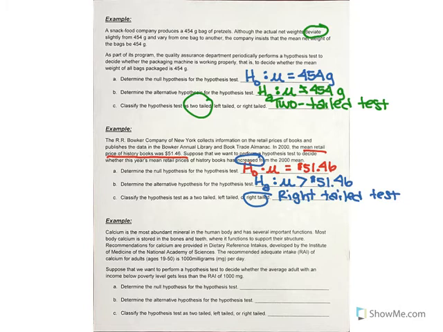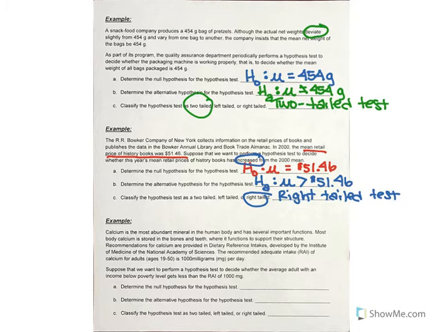The recommended adequate intake, RAI, of calcium for adults ages 19 to 50 is 1,000 milligrams per day. Suppose that we want to perform a hypothesis test to decide whether the average adult with an income below poverty level gets less than the RAI of 1,000 milligrams.